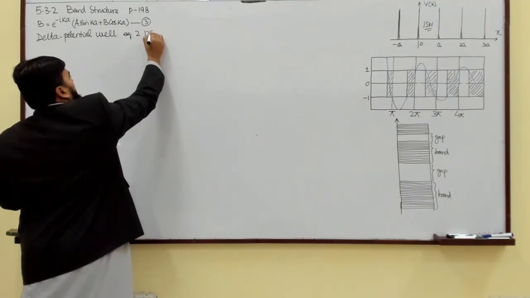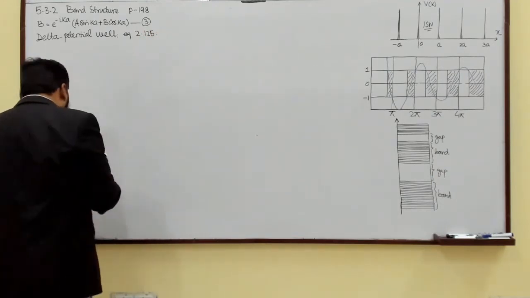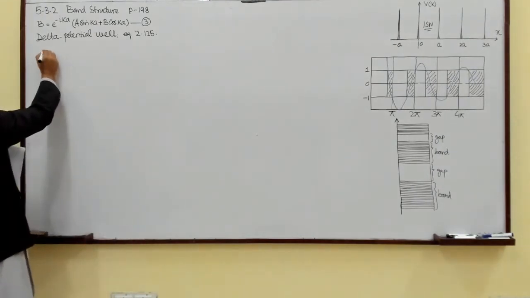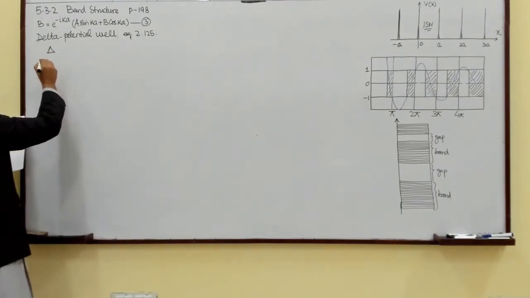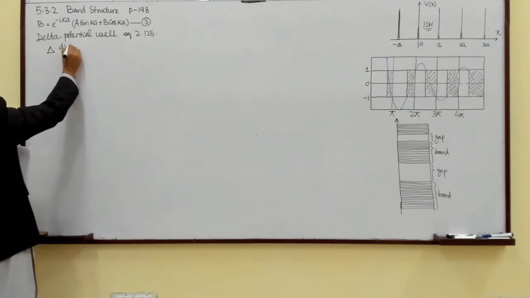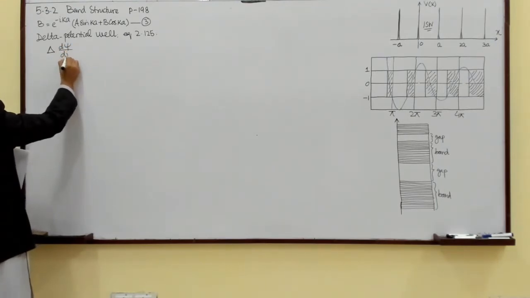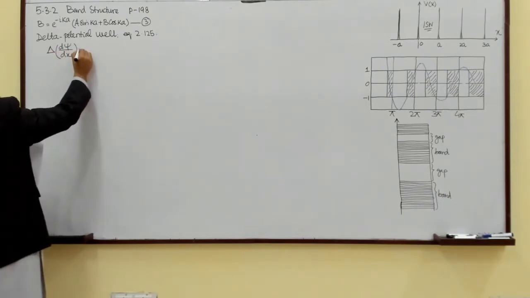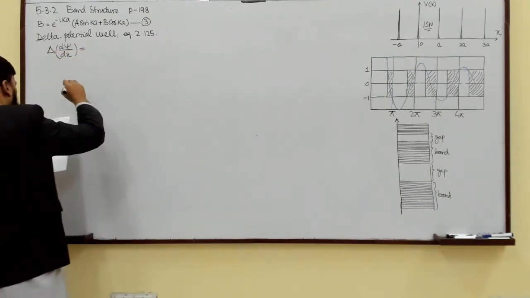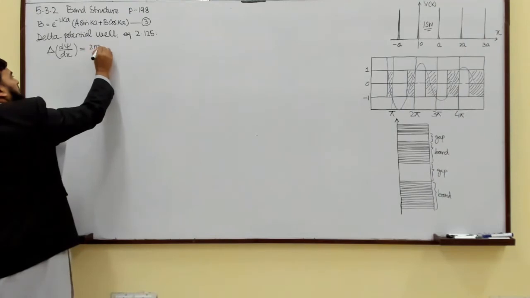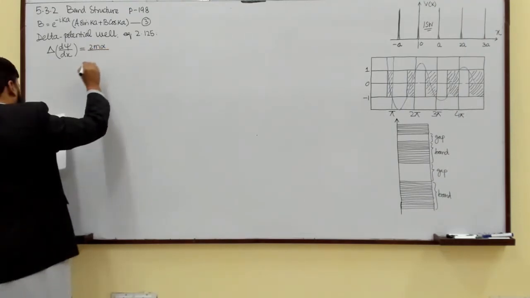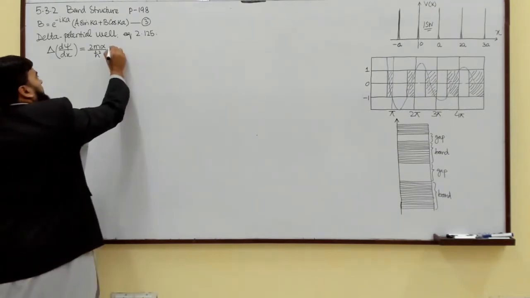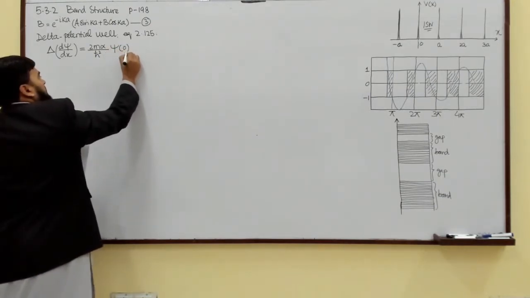This we did in the second chapter, and over there in the delta function potential, we derived that delta dψ/dx is equal to 2mα over ħ squared times ψ of 0.